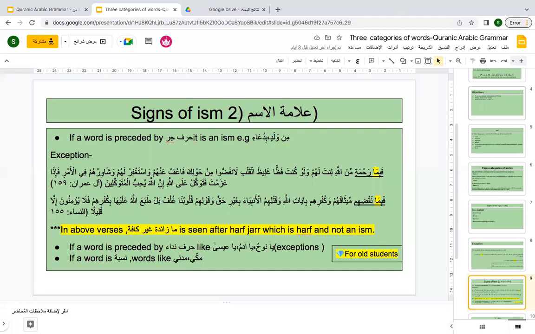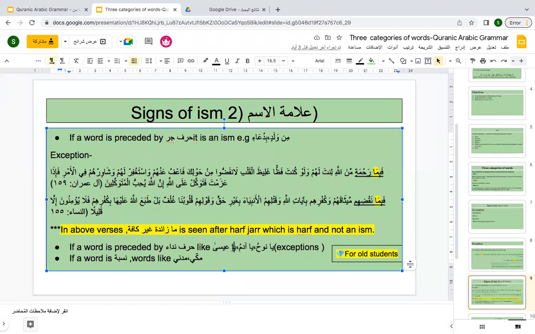There are certain other particles that you're going to see before your word. For an advanced student, they should know if your word is preceded by harf nida, which is a vocative particle, this guy here, ya, your word is going to be an ism.